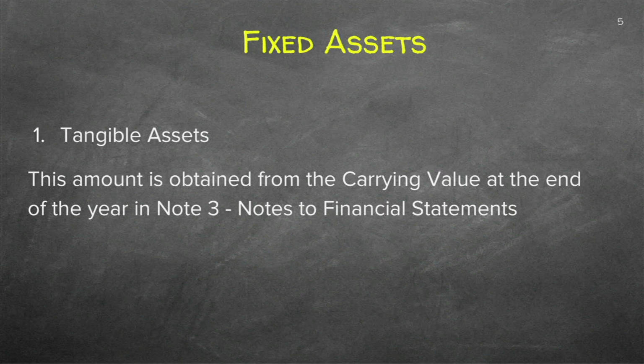Let's look at the tangible assets or fixed assets. This amount is obtained from the carrying value of note number 3 of the notes to financial statements. And it's important that you know that it is the carrying value. Now, if I were to ask you which GAAP principle was applicable here, you would give me the answer of, think about it, prudence.